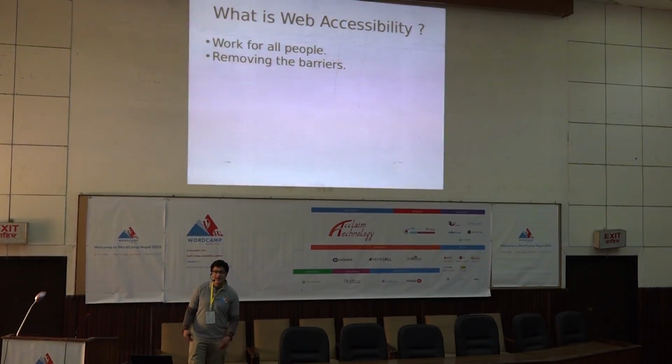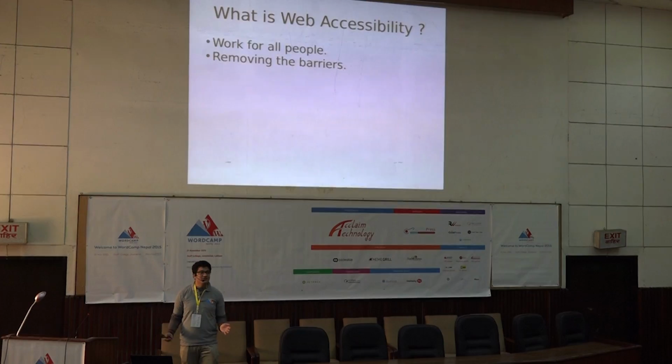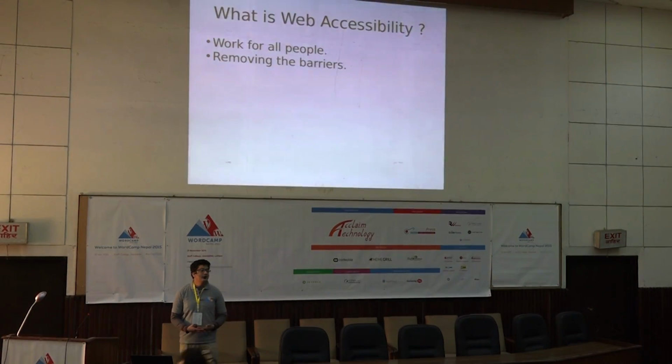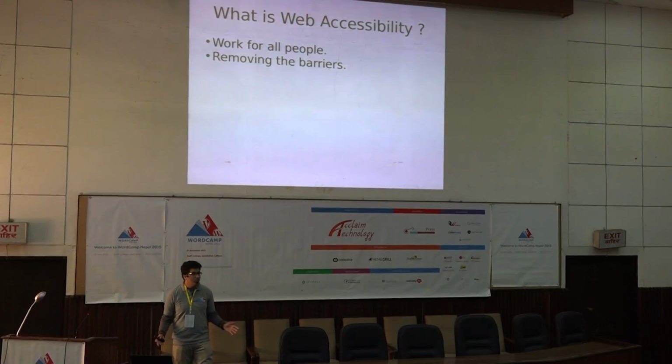So we can make it work for all people regardless of their cognitive ability, physical ability, the language they use, or the physical location they are in. So it's like making it work for all people, and it is about removing all the barriers for users, regardless of their physical or cognitive ability. So we understand what web accessibility is.